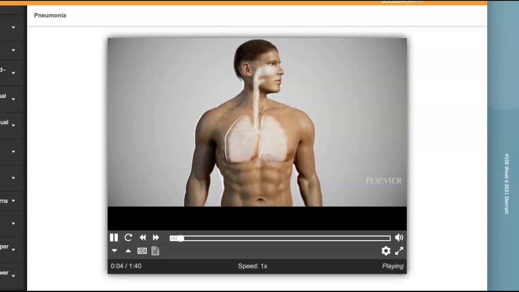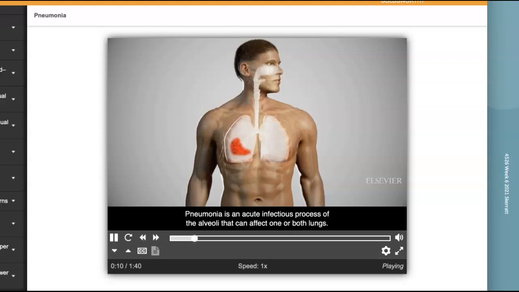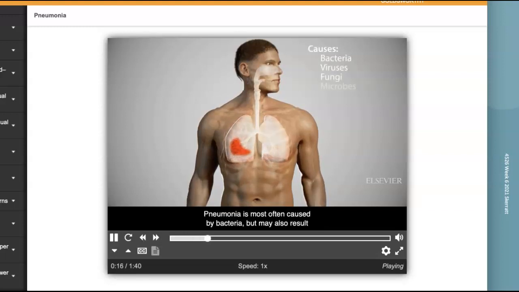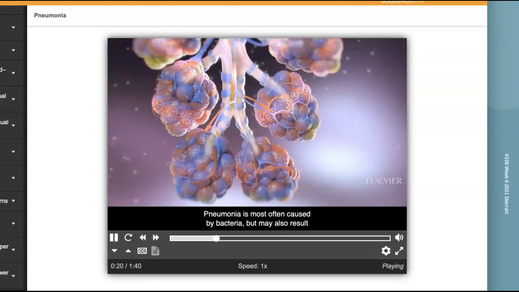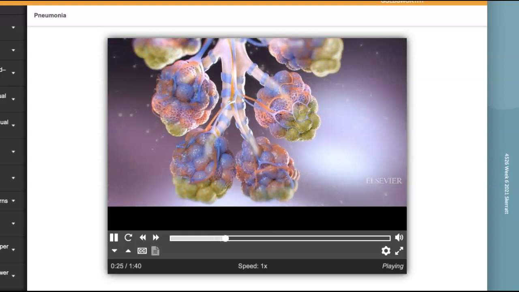Pneumonia is an acute infectious process of the alveoli that can affect one or both lungs. Pneumonia is most often caused by bacteria, but may also result from viruses, fungi, and other microbes. Organisms typically enter the lungs during or following an upper respiratory infection.